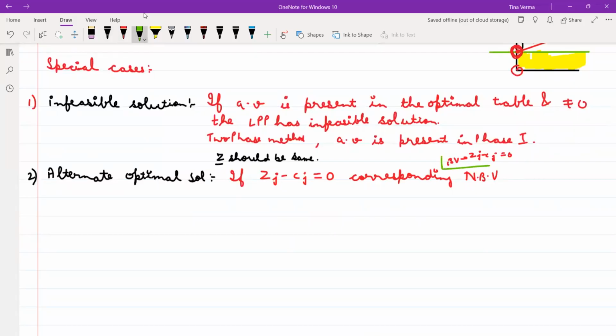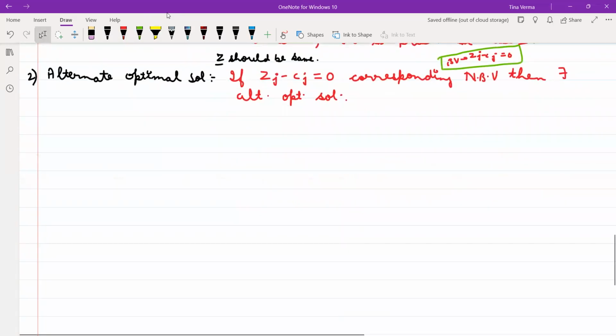But if my Zj minus Cj corresponding to a non-basic variable is 0, then there exists an alternate optimal solution. If there exists an alternate optimal solution, then there exist infinitely many optimal solutions. So you can notice one example that you can solve. I'll just write the last iteration.